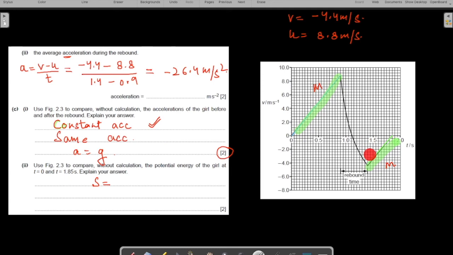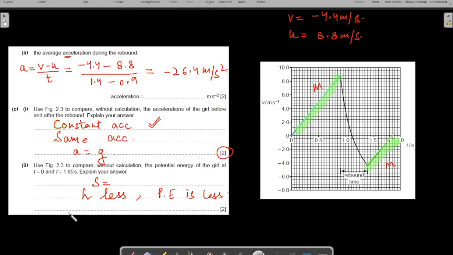She lost some energy, maybe as sound or heat, when she was colliding with the trampoline. Therefore, she reached a lower height. So when the height is less, what happens to the potential energy? Potential energy is less.